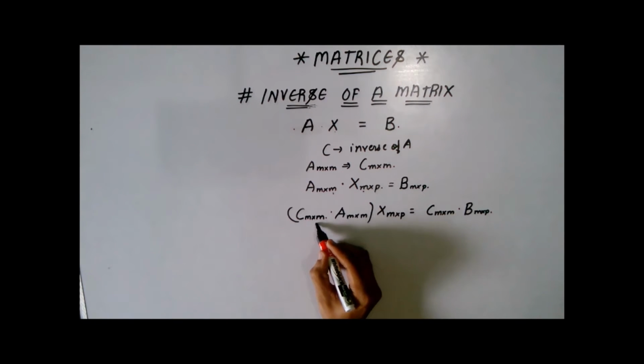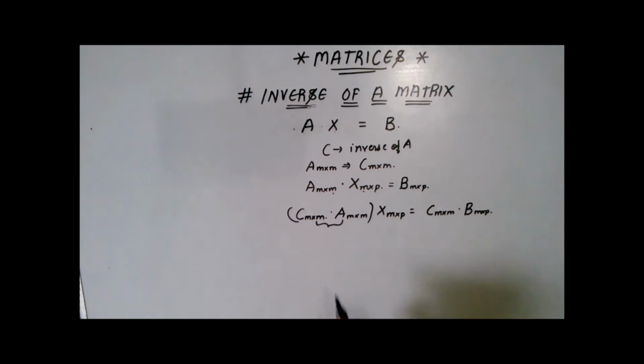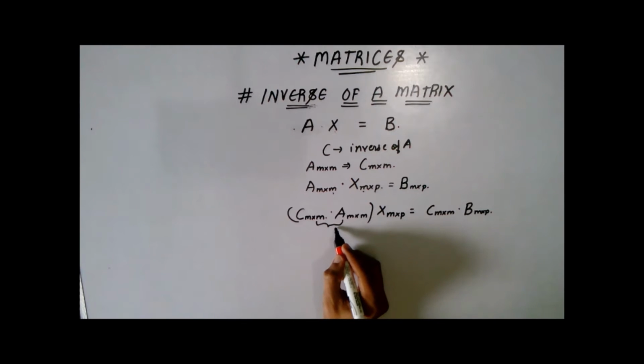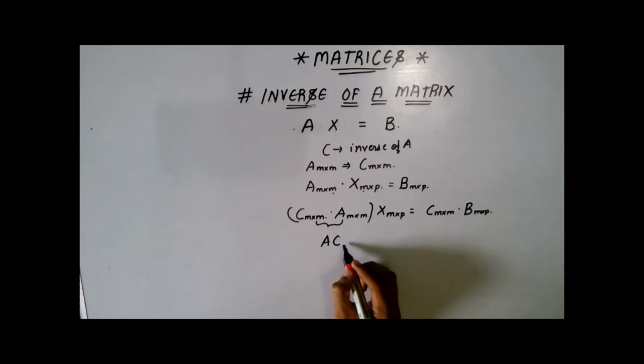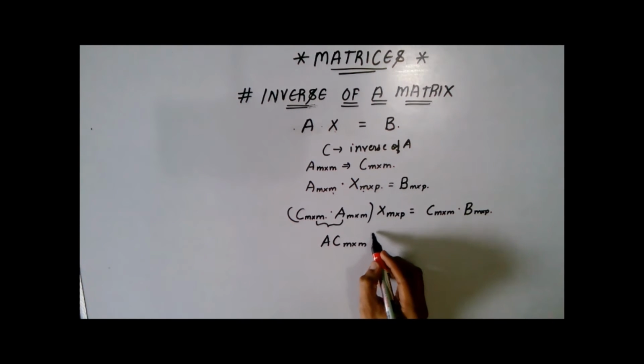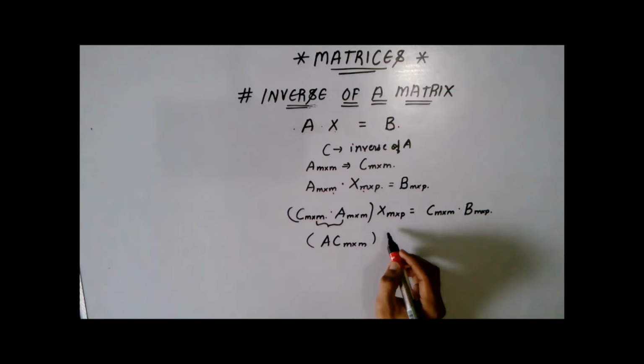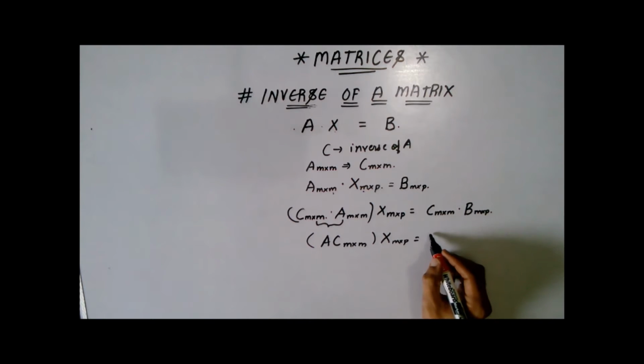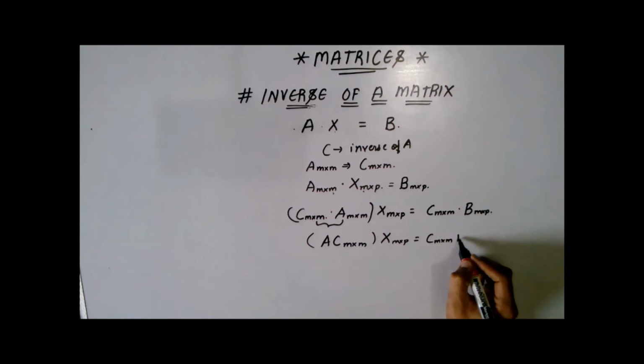So, this multiplication of these square matrices will naturally come out to be a square matrix, let's say AC, of the order m by m, and this X matrix of order m by p, which is equal to C matrix of order m by m and B matrix of order m by p.